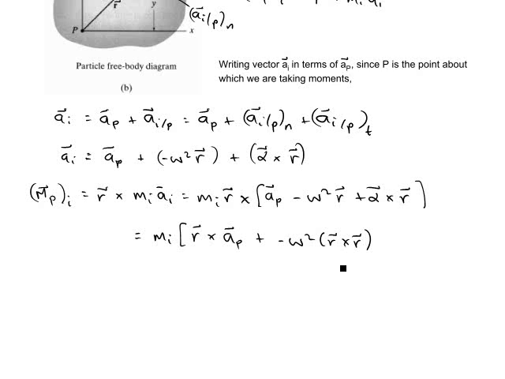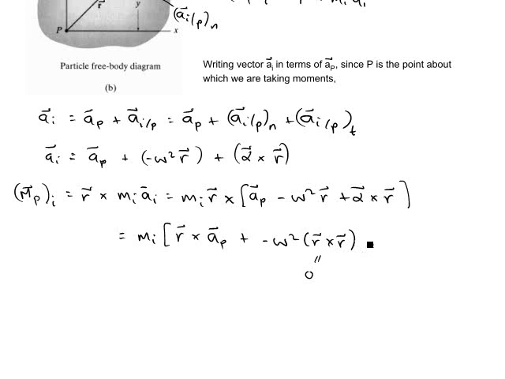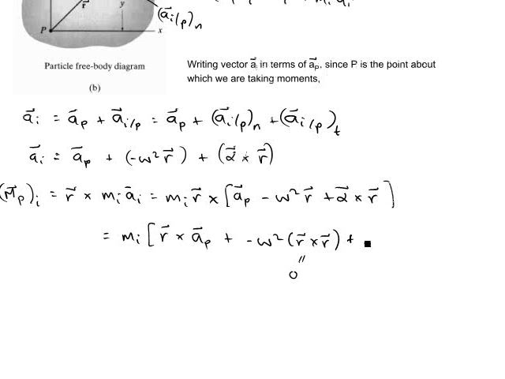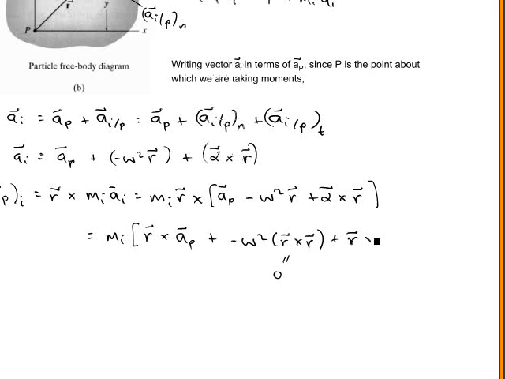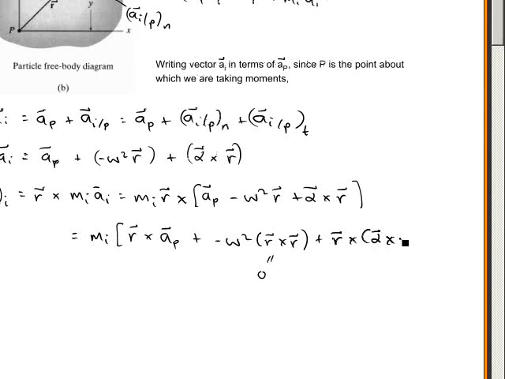Now r cross r, if you cross a vector with itself, it's going to give you 0. So the second term here goes away. Mi r crossed with alpha cross r, now that doesn't go away. That becomes mi outside of r cross alpha cross r.